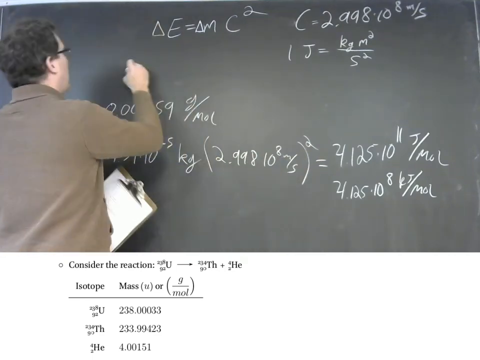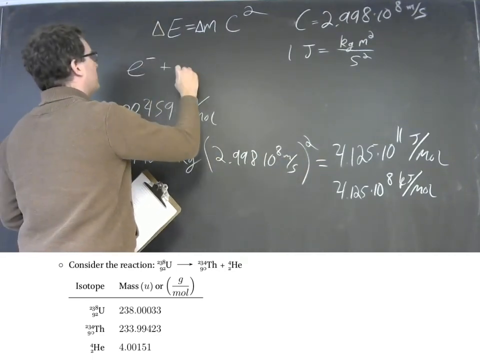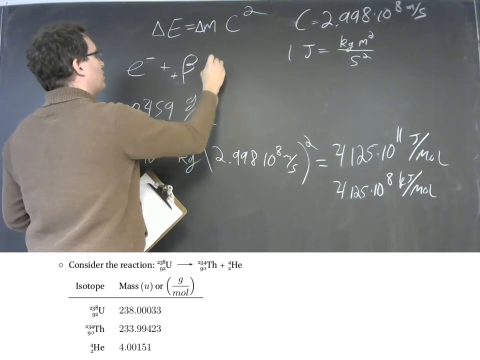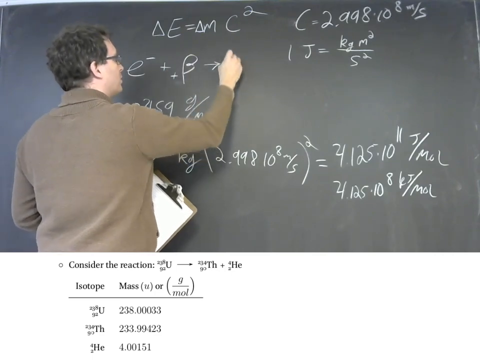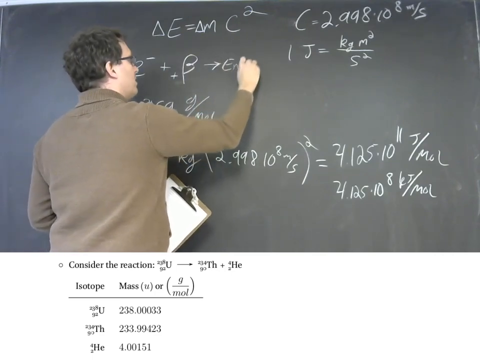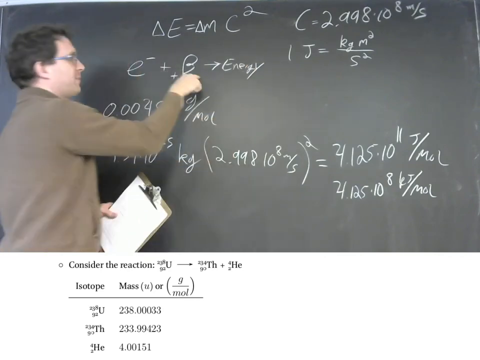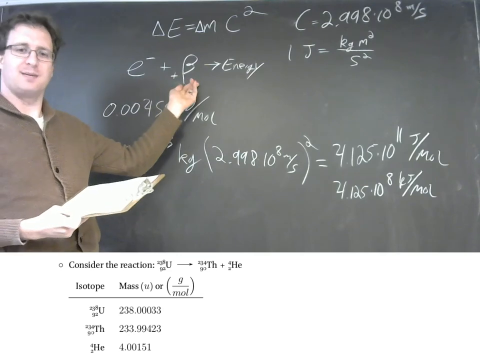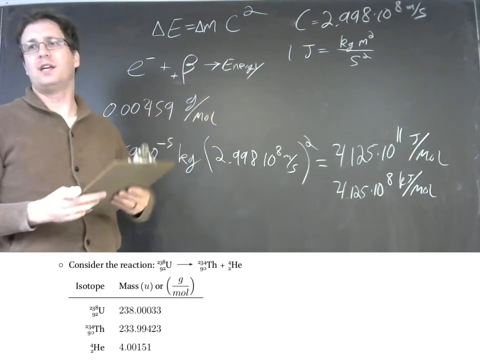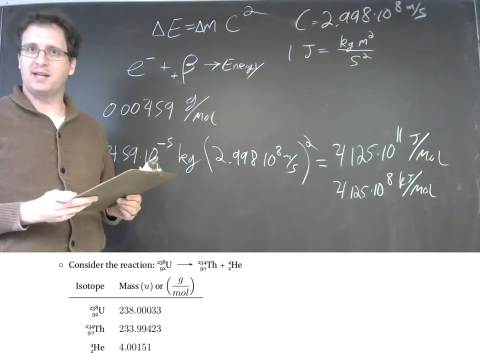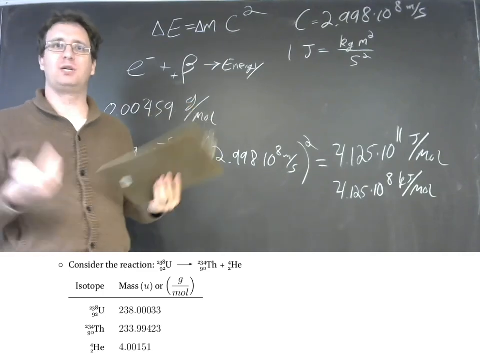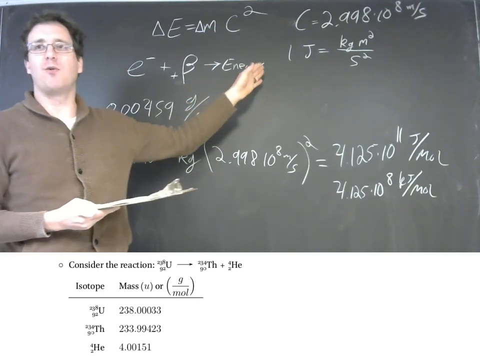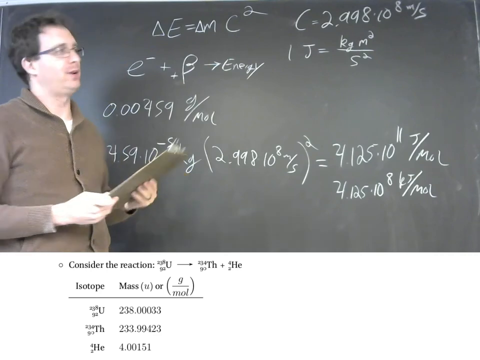If I have an electron plus a positron, that is going to go to pure energy. The electron and the positron both have mass, but this is matter and this is antimatter. They will annihilate each other, and their mass will be converted to pure energy. There will be no matter left afterward.